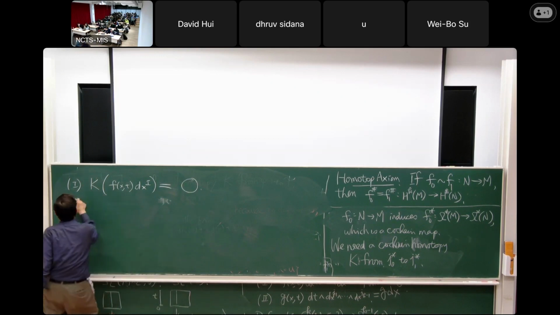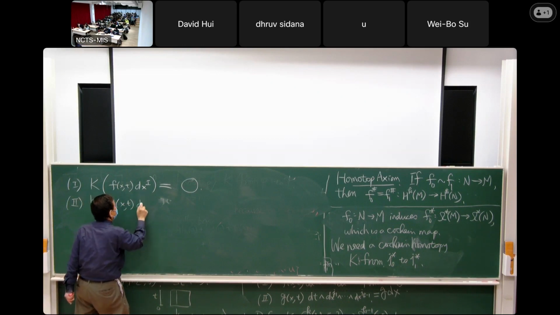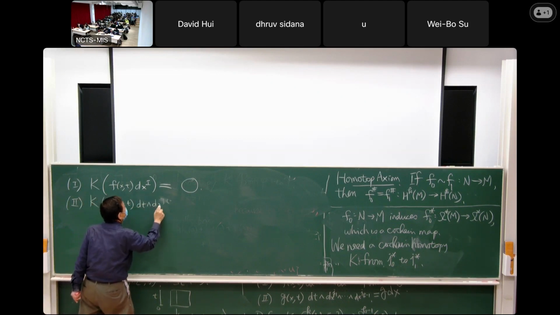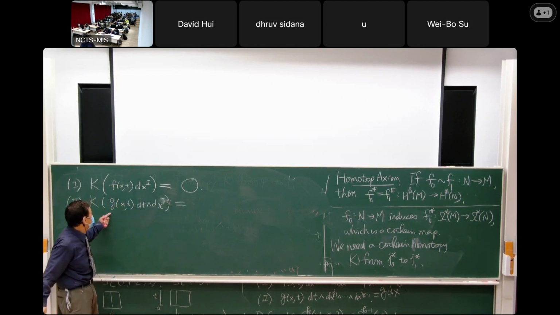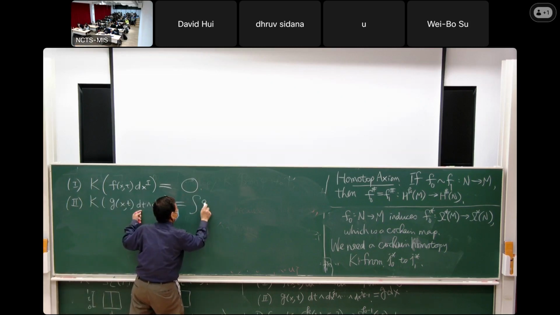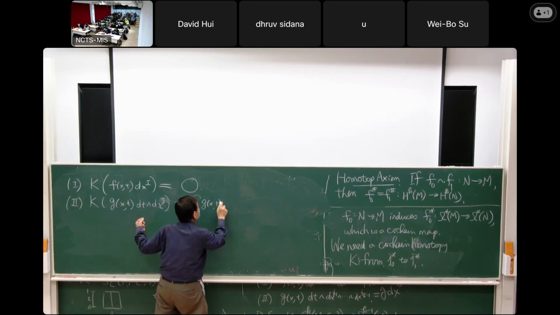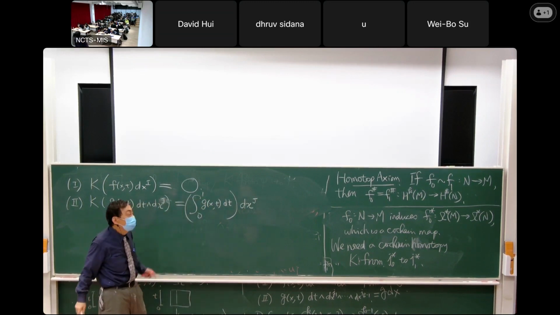And on type 2 forms, you just integrate with respect to t from 0 to 1, and then you have your dxJ left. And it will have degree 1 less.